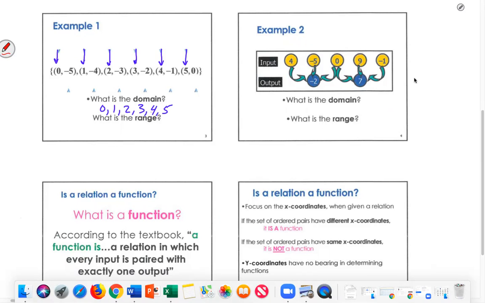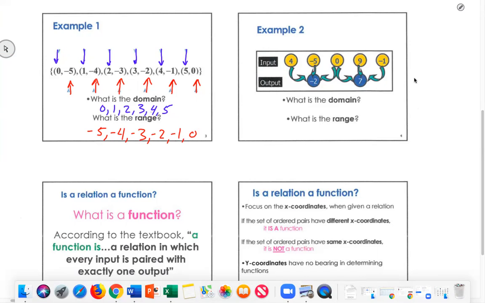And my range is talking about all of these Y values. So when I'm asking you, what is the domain? I'm just asking, what are my X values? When I ask you, what is the range? I'm just asking you, what is my Y values? So -4, -3, -2, -1, and 0.